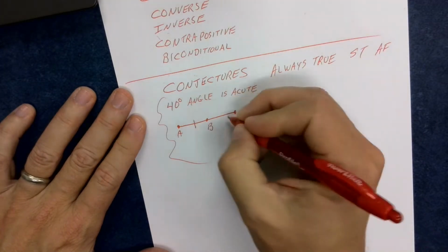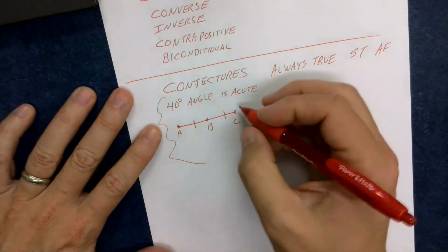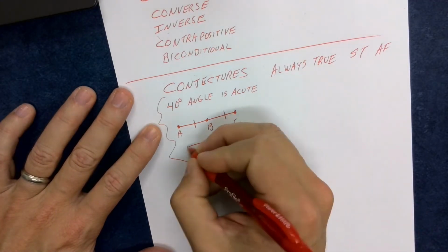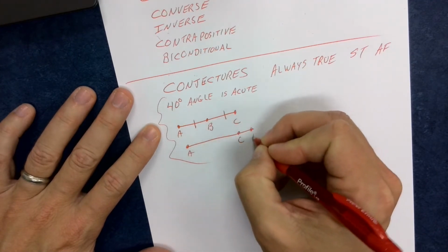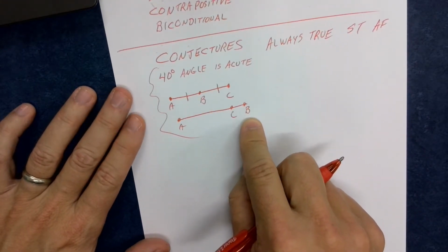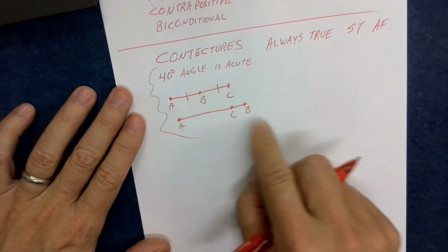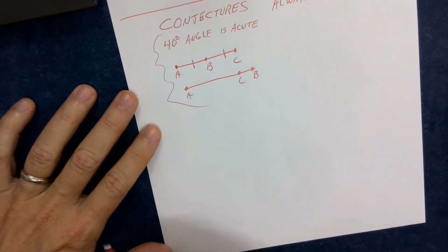Now, if I put those little segment markings on there, then I would say that's always true. And if it was like this, with A here and C here, and I said B is the midpoint of AC, that would be always false, because it's not between them, so it can't be a midpoint. So there are statements like that that we're going to look for.